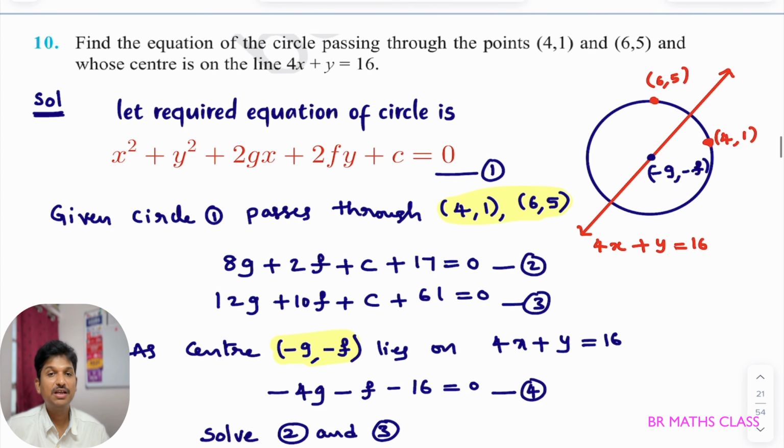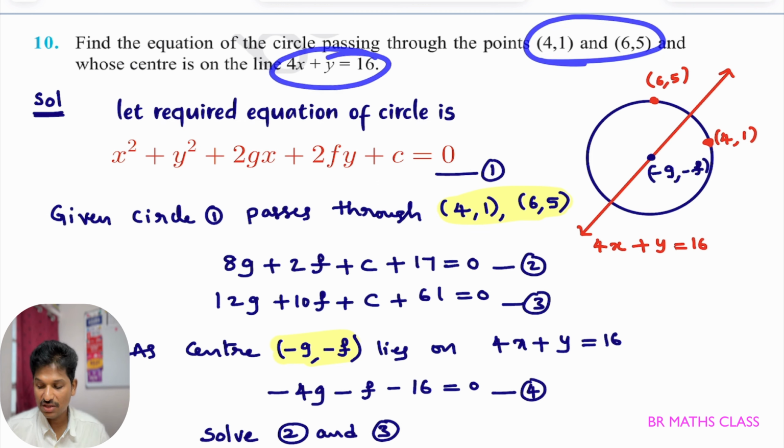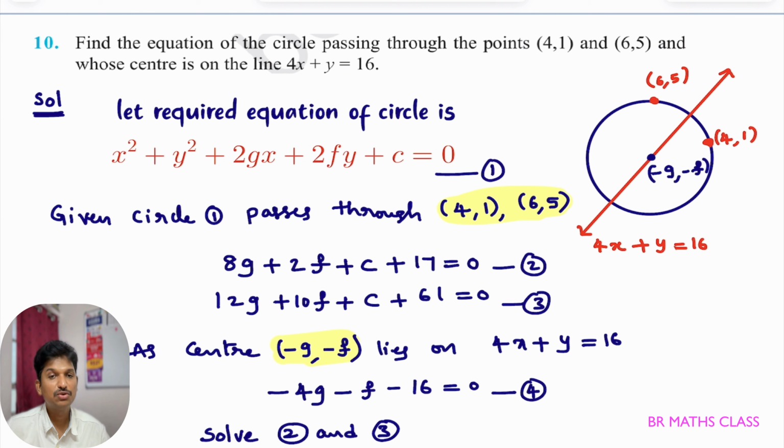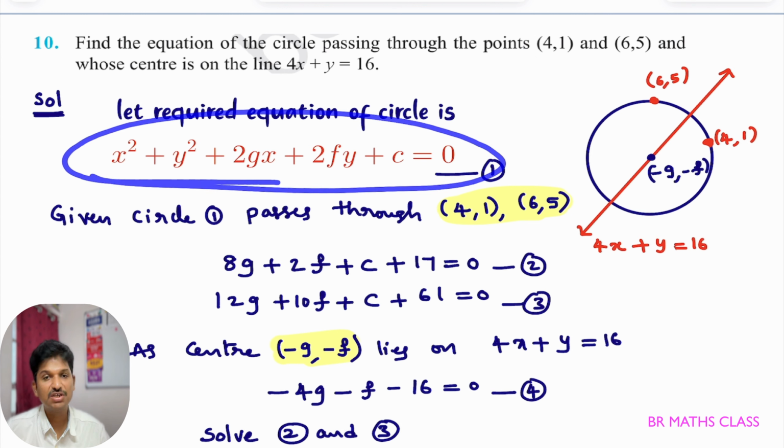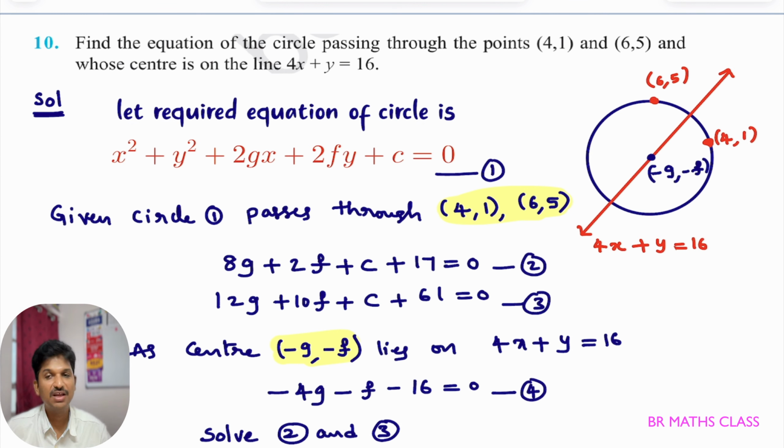I'll quickly explain the basic method we followed. You want to find a circle equation. I took that circle equation like this. From the given data, I got three equations in terms of G, F, C. Solve those three equations, you will get G, F, C values. Substitute those G, F, C values in this equation, you will get the required equation of a circle.